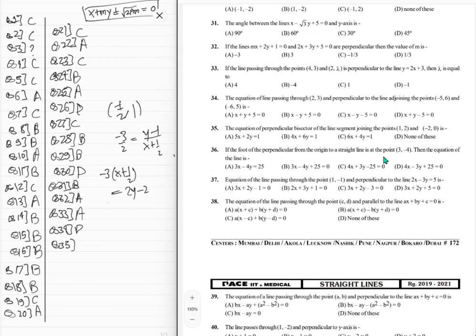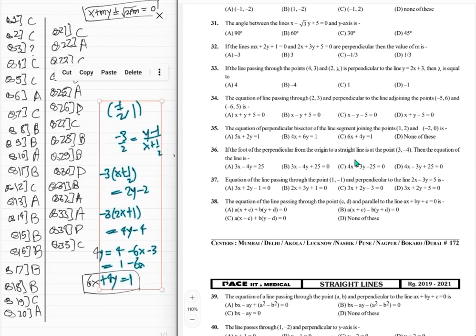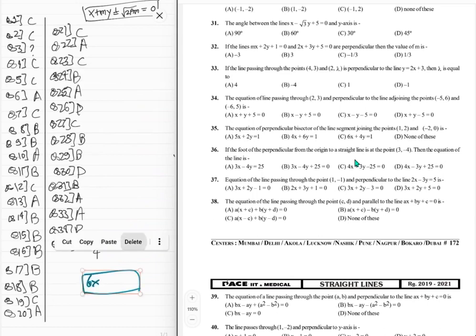Multiplied by 2 on both sides, negative 3 into 2x plus 1 equal to 4y minus 4. So 4y equal to 1 minus 6x, so 6x plus 4y equal to 1. Which is option C. So 35th is C. I thought we would get some nice formula for this, but no. There is a formula, but not a nice formula.